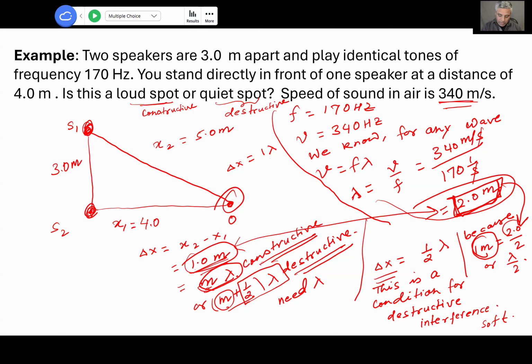If wavelength is 1 meter and this difference is also 1 meter, that means that is full wavelength. So we don't need to do half. Here I'm showing you the 1 meter is half of 2, okay? Okay. Thank you.